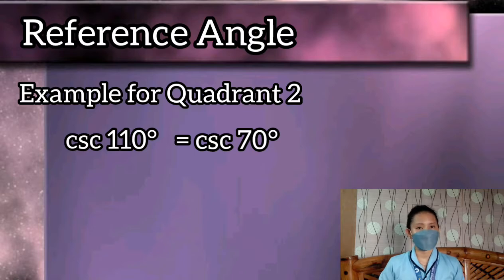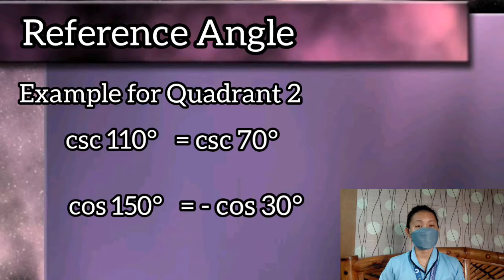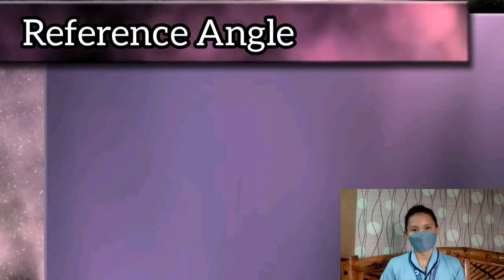How about the cosine 150 degrees? Okay, you please. Yes, that is right. That is negative cosine 30 degrees. Why is it negative? It is cosine, and the positive are only sine and the cosecant. Okay, so it is simple, no?